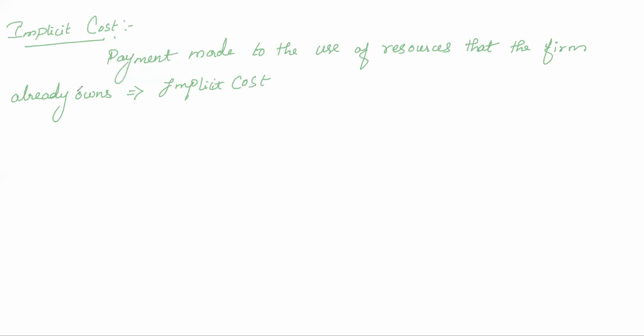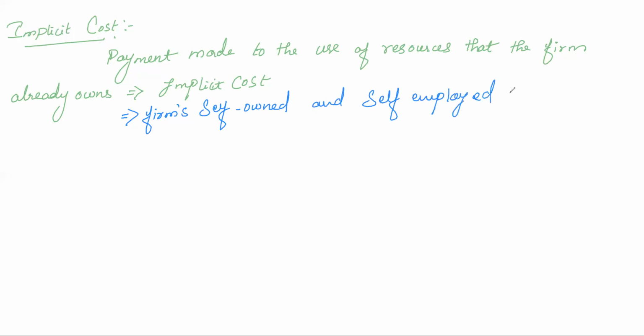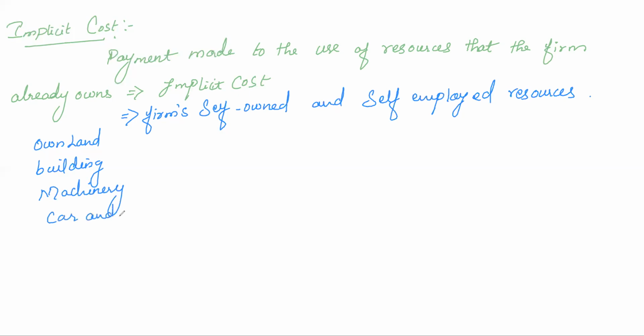A producer may use his own land, building, machinery, car, and other factors of production.